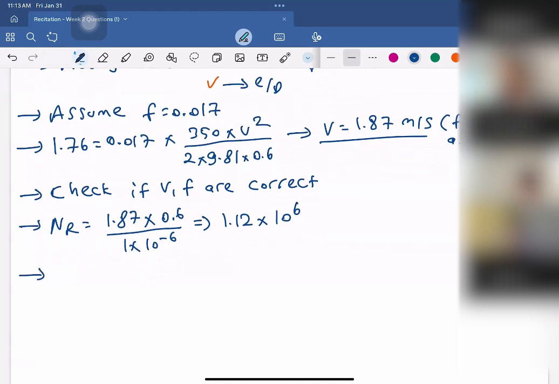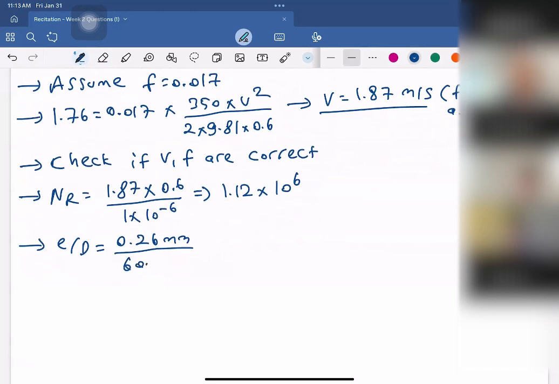And we can also get E over D. Here, this value is coming from the property of the pipe, which is roughness, which is 0.26 millimeters. And we have diameter as 6 centimeters, which is 600 millimeters. So from here, we can get E over D as 0.0004.